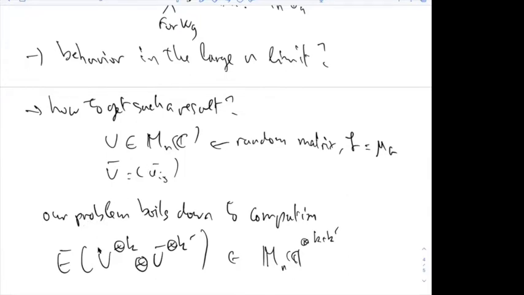Let me explain. U is a random matrix, so it's a random vector. So U tens k is also a random vector in a tensor product. Likewise for this. So it's a random vector in a big space, right? And it's bounded, of course, because this is a unitary matrix, so the whole thing is unitary. So I can take the expectation of this. The expectation is a matrix.